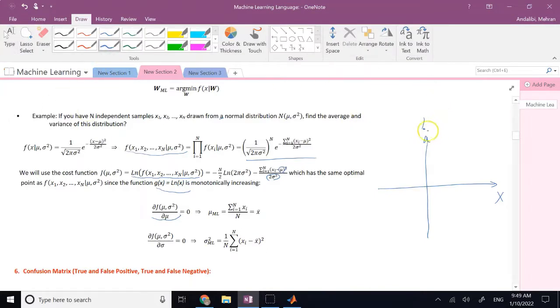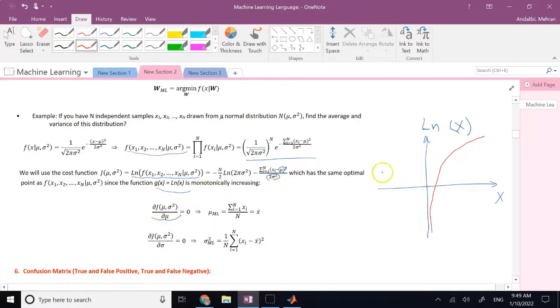So it is a monotonically increasing function like this. And so if you apply it on f, then the optimum point of f and the natural log of f are the same. And this is a very common practice.